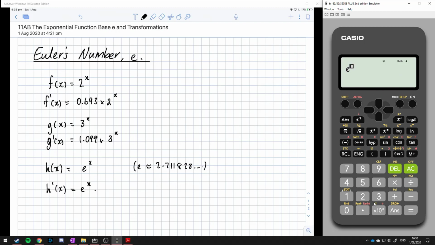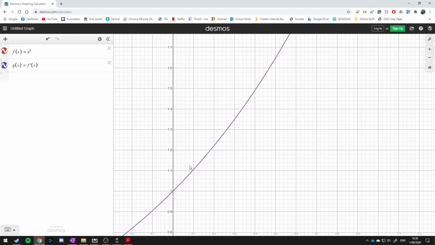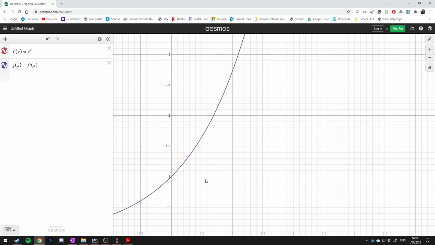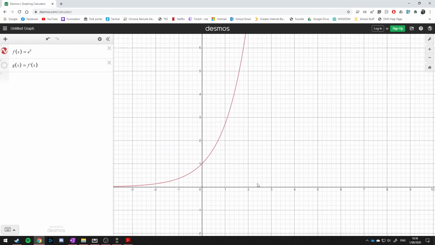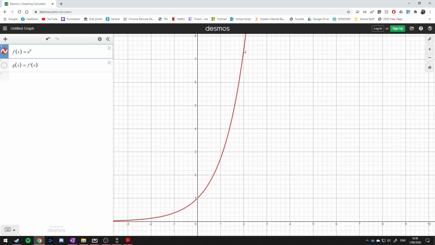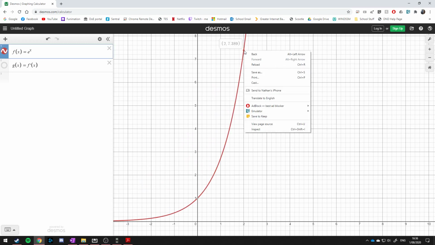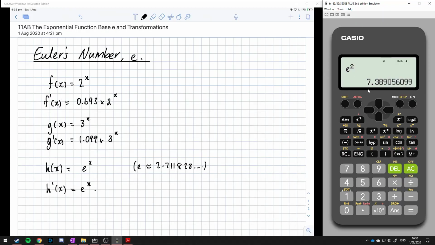We can use our calculator to work out values of the exponential function. For example, if I wanted to work out e to the power of 2, which is 7.389 up here, I can put e to the power of 2 into the calculator, and it will give me that value.